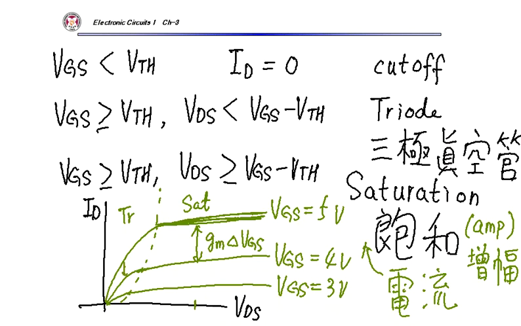Say here in triode region, GM times delta VGS is smaller than in saturation region. So transconductance GM is largest in the saturation region. That's why we use saturation region for amplification.